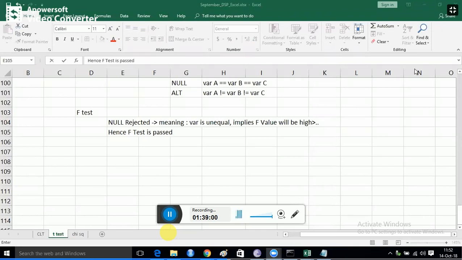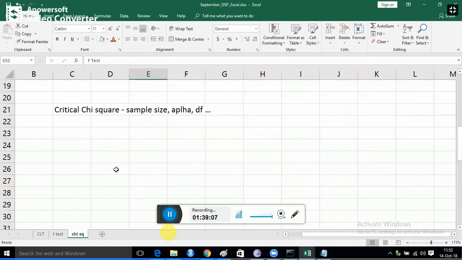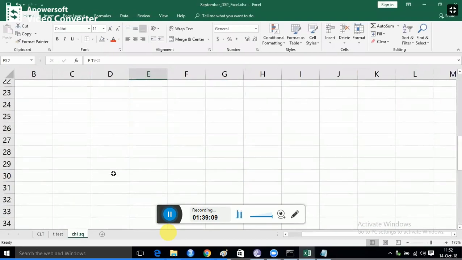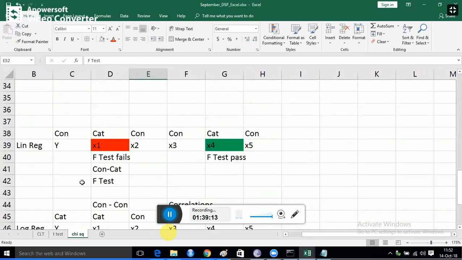Yes, yes. In the below example, we are making a comparison between X and Y, right? In the linear regression, we were making a comparison between X1 and X4, and telling between two categories.